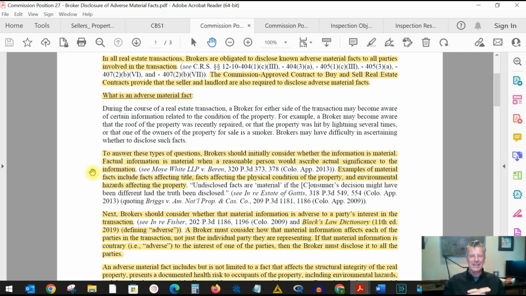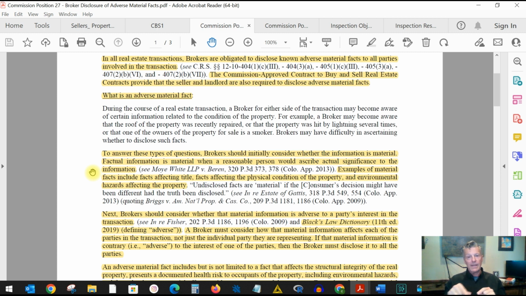Factual, of course, means it actually does exist. It's not made up. And they're going to give us some examples of material facts here, including facts affecting title, facts affecting the physical condition of the property, and environmental hazards affecting the property. These are just examples. That is not an all-inclusive list.